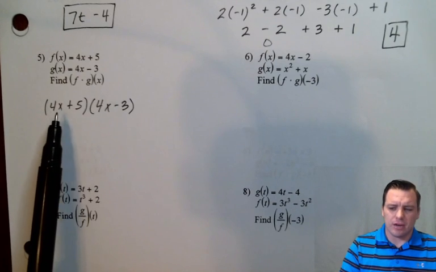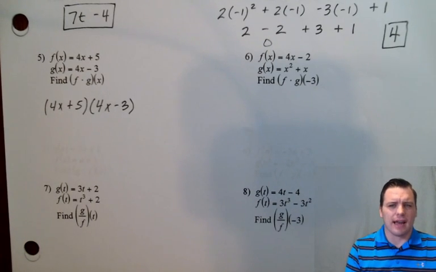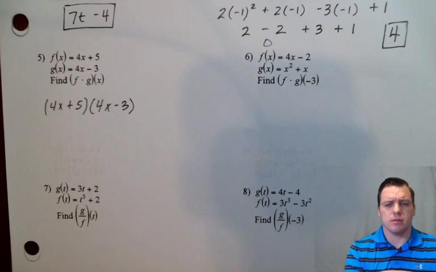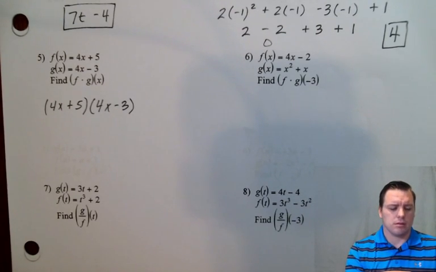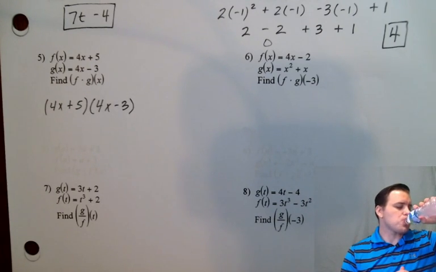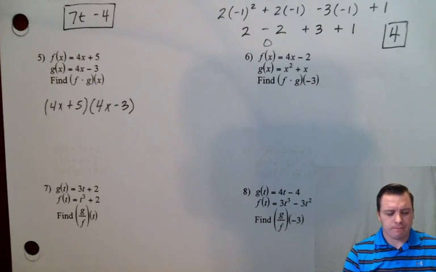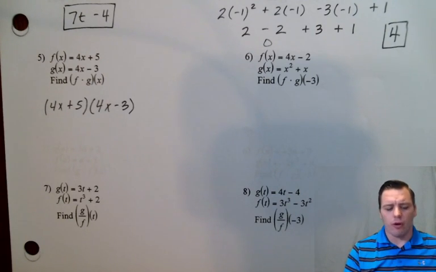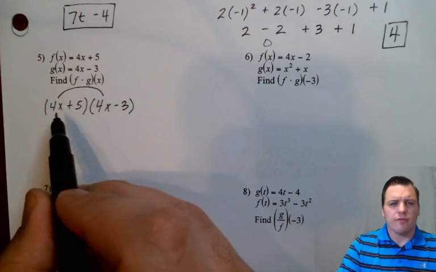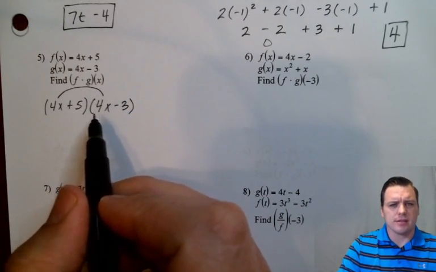Now this is a binomial times a binomial, so what's that acronym we're going to use when we're multiplying a binomial times a binomial? Very good, Terry. FOIL. Good, Molly. FOIL. So we go first. 4x times 4x would be 16x squared.